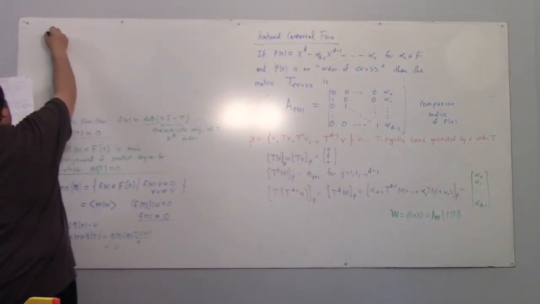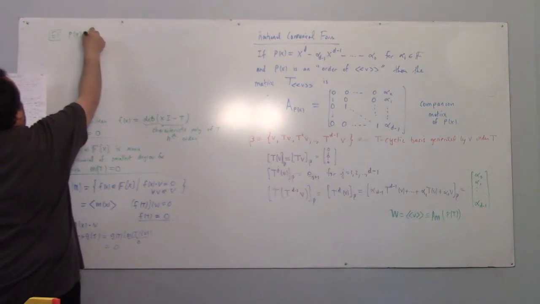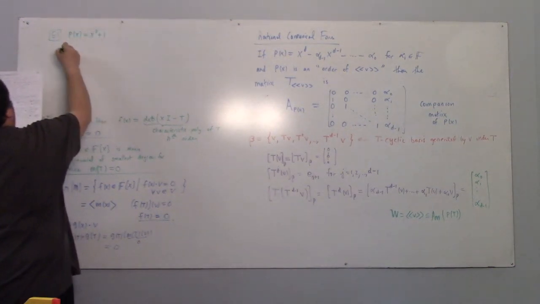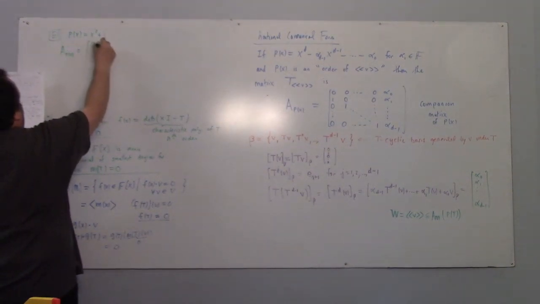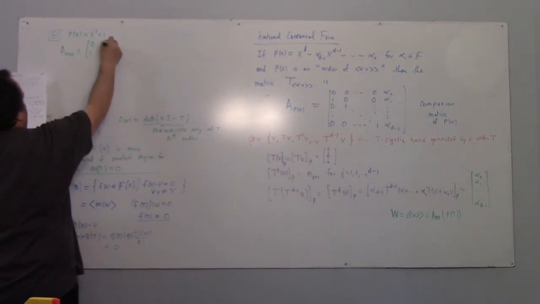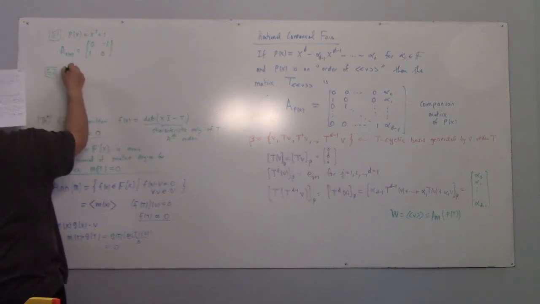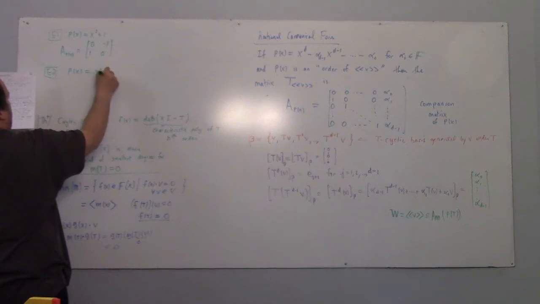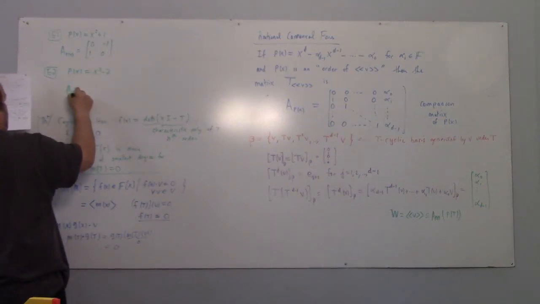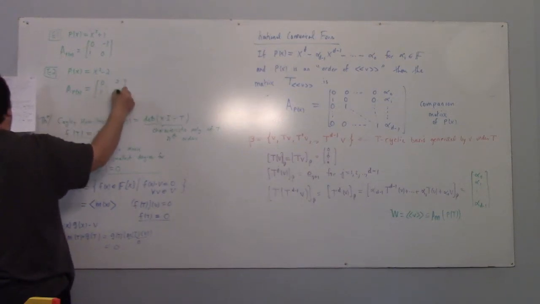So here's a simple example. If p of x is x squared plus 1, this gives you the companion matrix 0, minus 1, 1, 0. If your polynomial is x squared minus 2, that gives you the companion matrix 0, 2, 1, 0, right?